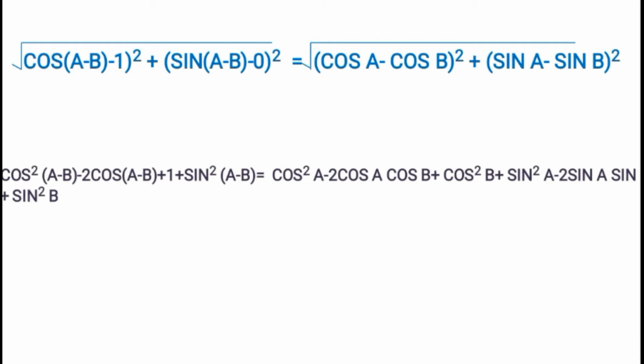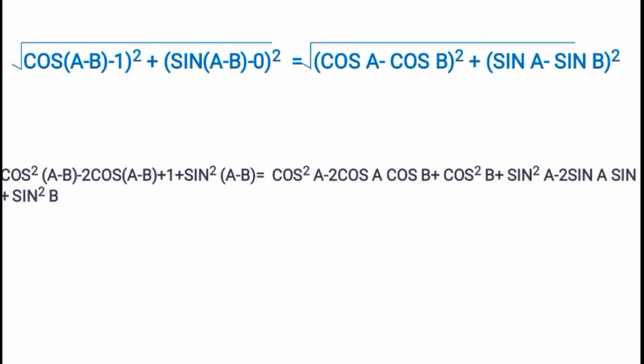So we have here the sine of A minus B minus 0. Well, that's just the sine of A minus B, and then we're going to square that. And so that's where this plus sine squared of A minus B is coming from. So this part right here is just coming from this part.